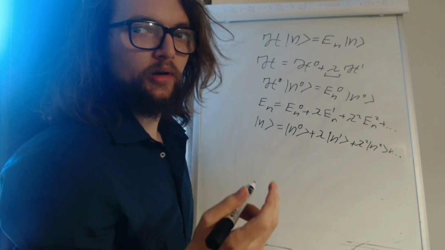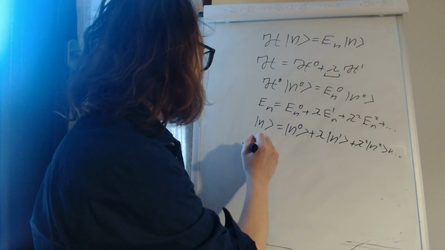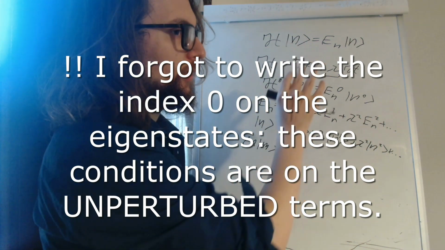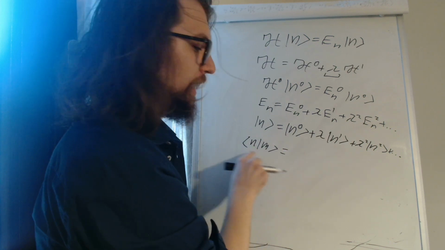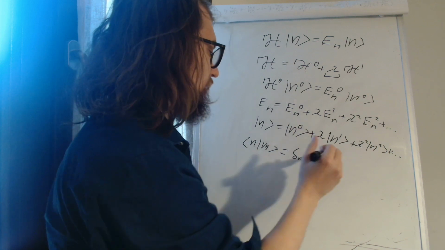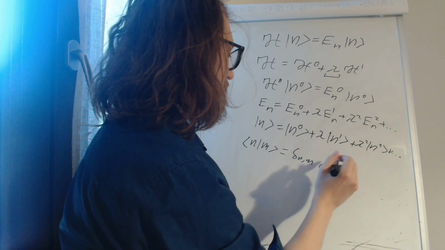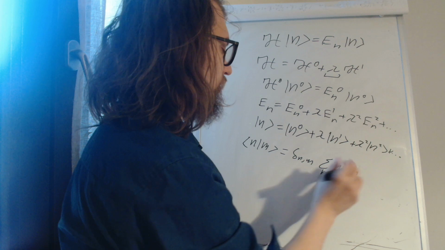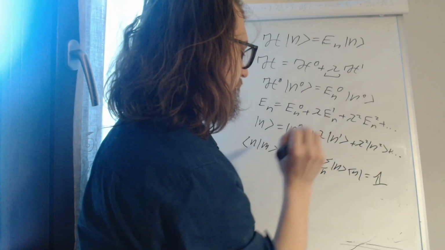Now we also make three other assumptions. One is that all these eigenstates are orthogonal, so the bracket product <n|m> will be delta nm. We also assume completeness, so the sum of the ket-bra products |n><n| over all n is the identity.